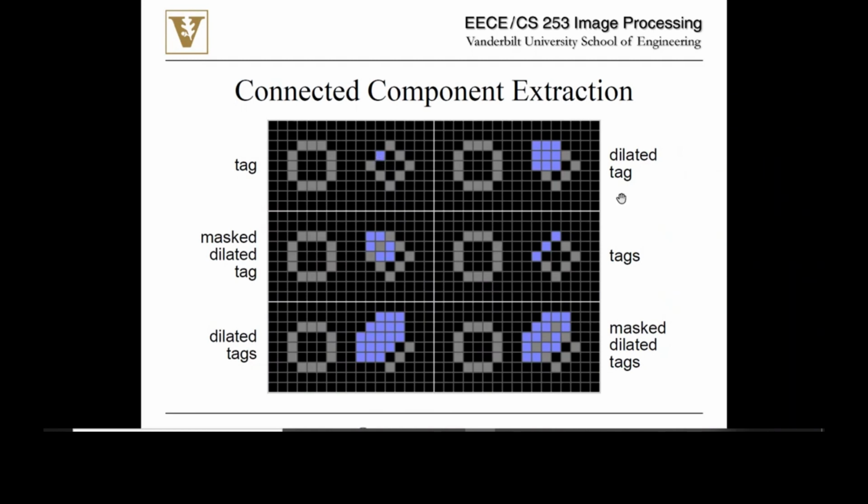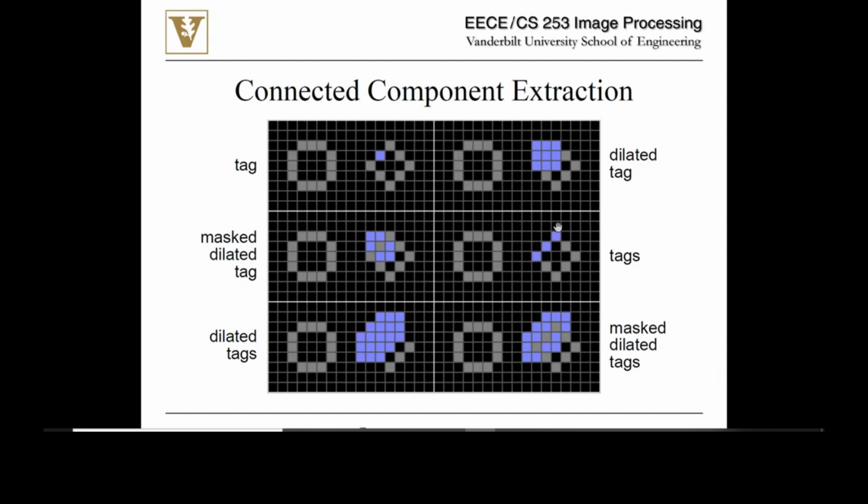And now I dilate my image. So I dilate my label, conditioned to the original object. This dilation conditioned to the original object gives me these two other pixels.